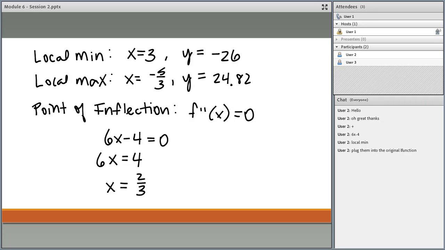Okay, and at x equals 2 over 3, it is also a good idea, again, to figure out what the y value is, just because it will help us to kind of plot these points. And I would do the same thing. I would plug this into the original function. And I get y equals negative 0.6.